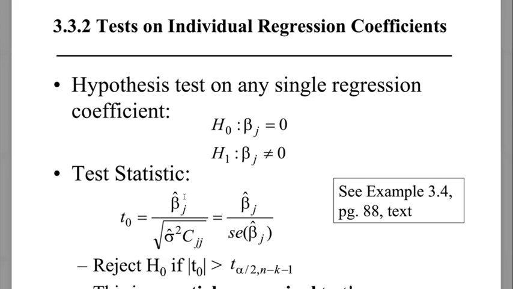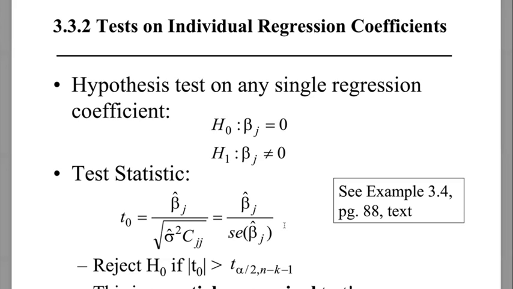So we have beta hat j minus 0, which is just written as beta hat j. Then we divide that by the estimated standard error of the point estimator, the estimated standard error of beta hat j. Remember that the standard error of an estimator is the standard deviation of the sampling distribution of that estimator.